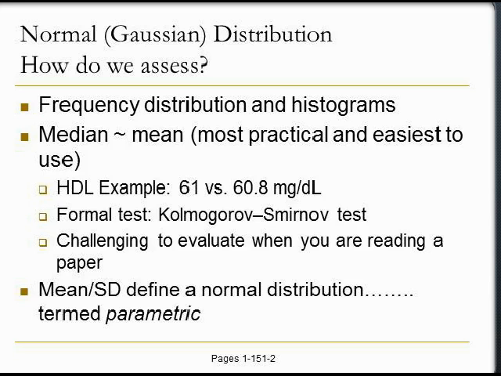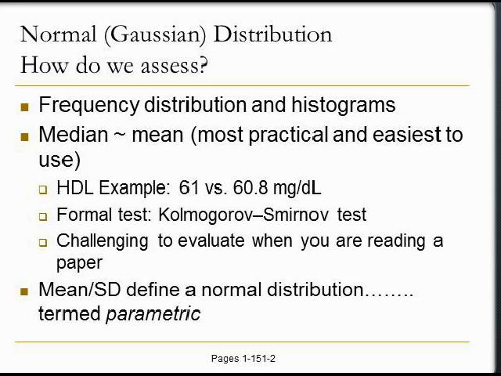So it is challenging sometimes to evaluate whether the test was correct based on the paper that you're reading. Sometimes you can make some conclusions about how large the standard deviation is compared to the mean. If it's a very large standard deviation, that may give you some clues that these data weren't normally distributed. But it is challenging.